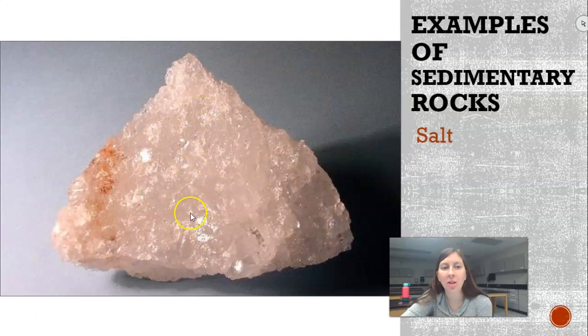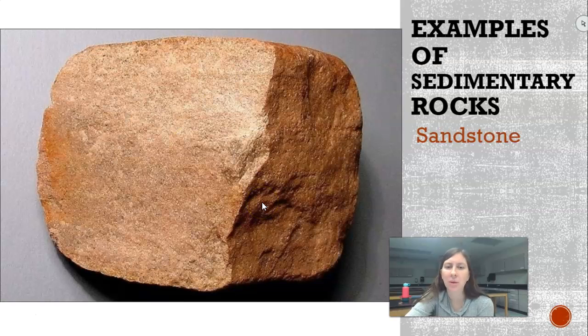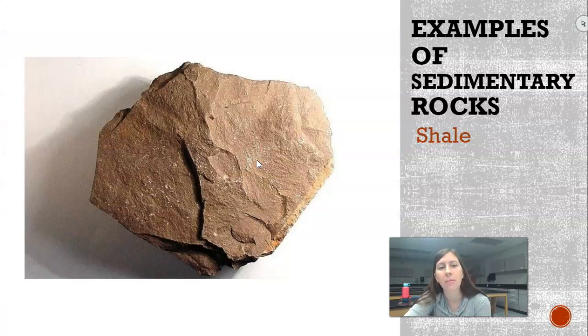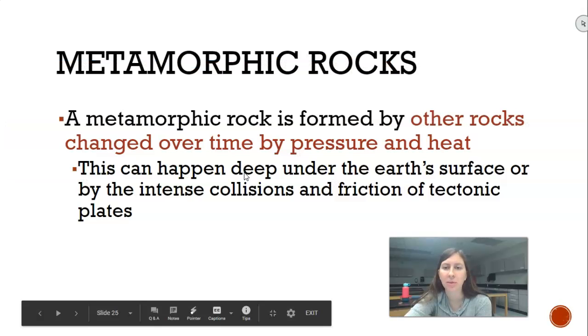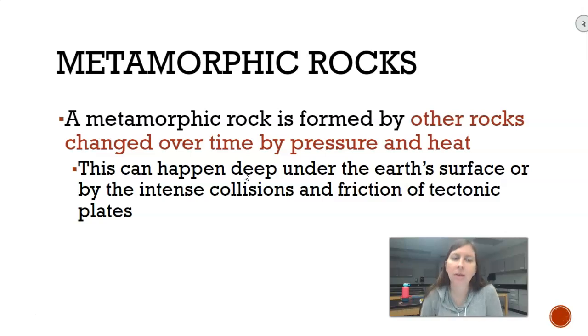If you have ever left super salty water, when the water evaporates, the salt forms crystals, and that would be an example of a sedimentary rock. Sandstone, literally sand that has been compressed to form a stone. Shale and siltstone are some other examples of sedimentary rocks.